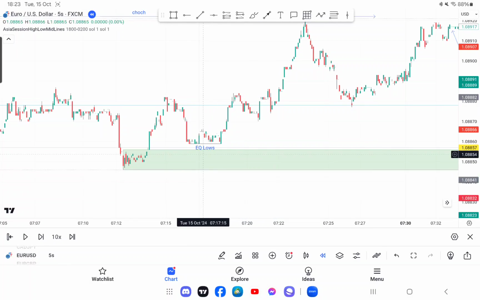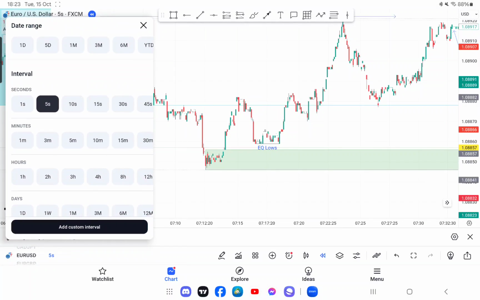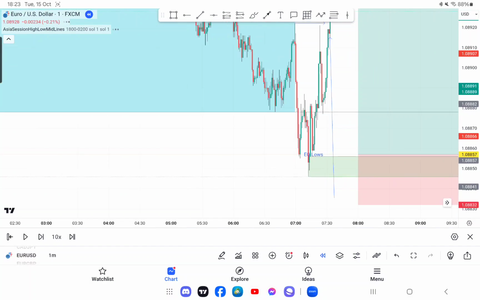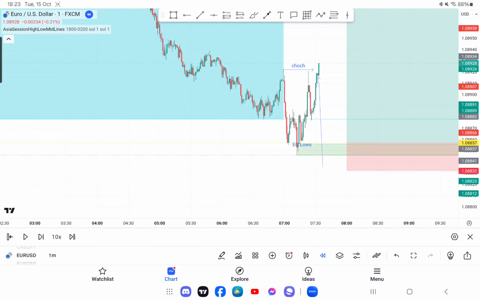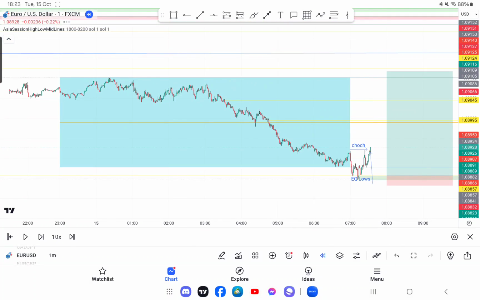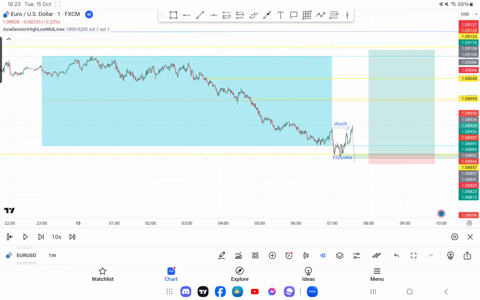And then sweep into the point of interest here. So pending would be on from there, after the 1 minute change of character, from the point that it's at now. And then targets, I've had these previous imbalances marked out.